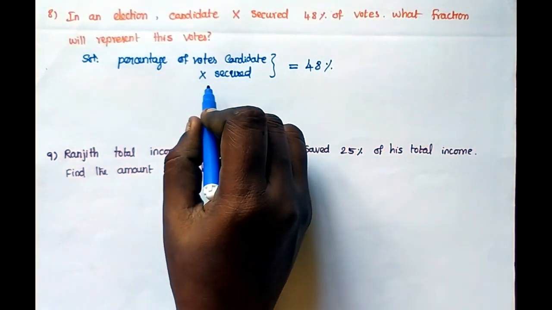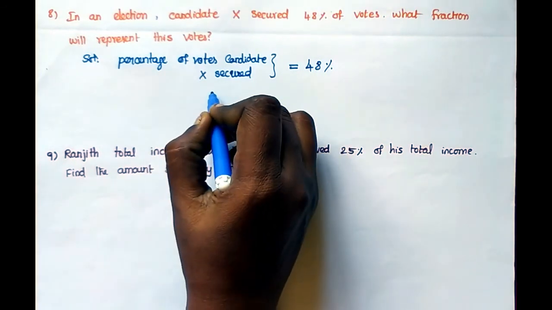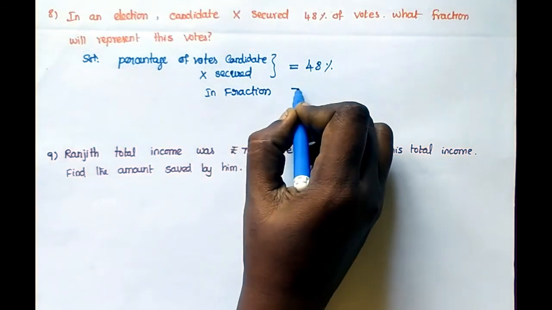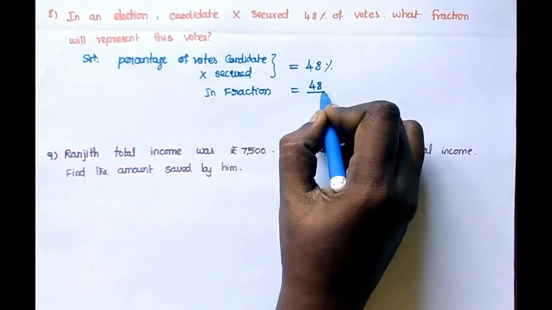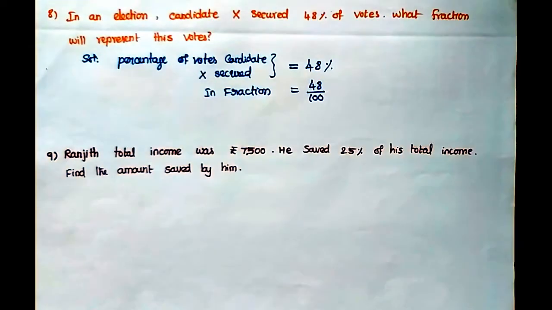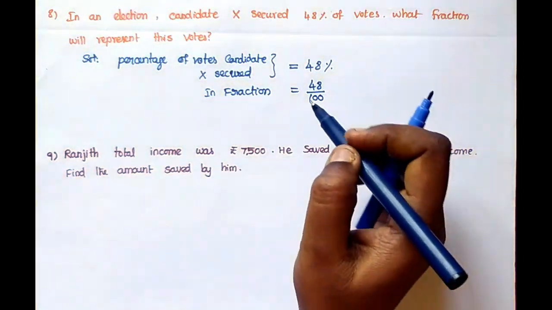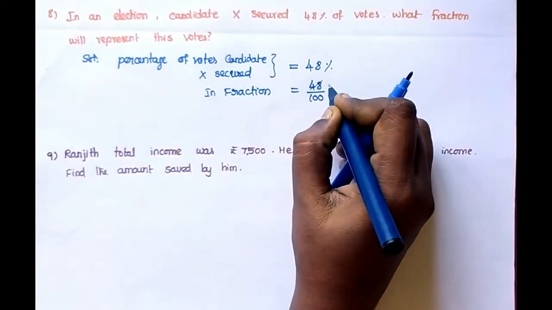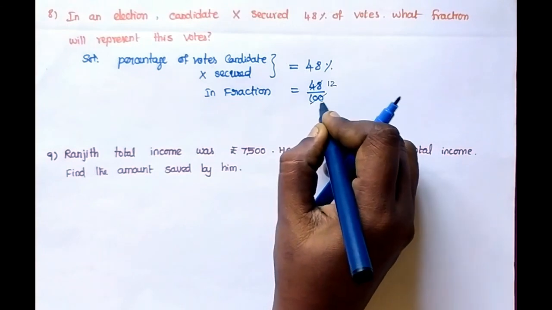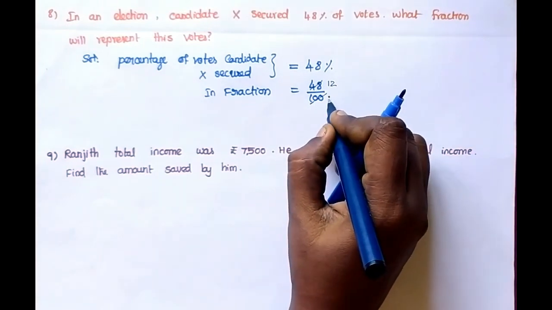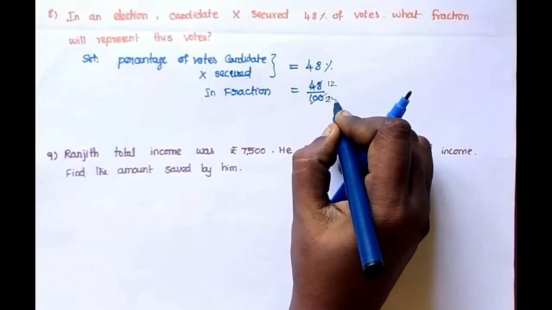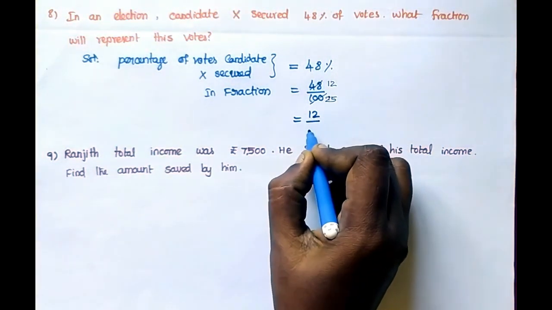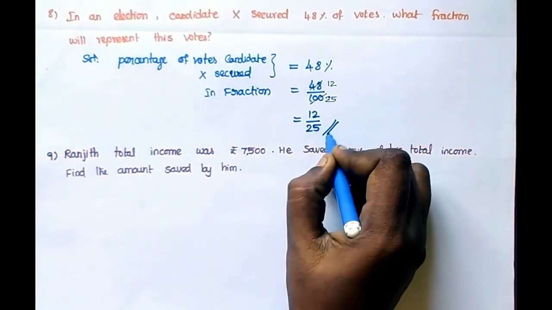Percentage of votes candidate X secured. Now in fraction, how will you write in fraction? 48 out of 100. Now we can simplify this one. How many times? 12 fours are 48, 25 fours are 100. So answer 12 by 25. That is the answer.